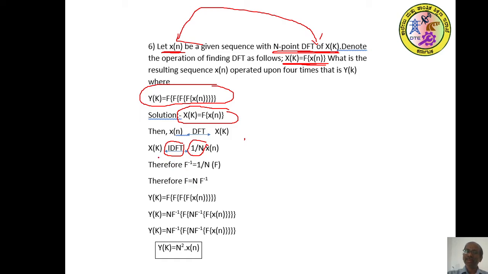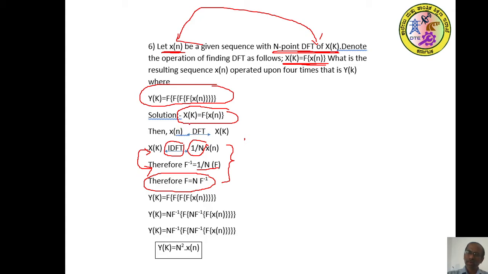So we can conclude from this rule that the inverse F, the IDFT, can be calculated with multiplication by 1 by N and the same function F. Our relationship is F equals N times F inverse. This is very important to understand. If you want, I'll repeat once again. They have given that if you apply a function on x(n), you get X(k), and you all know that function is a DFT function.